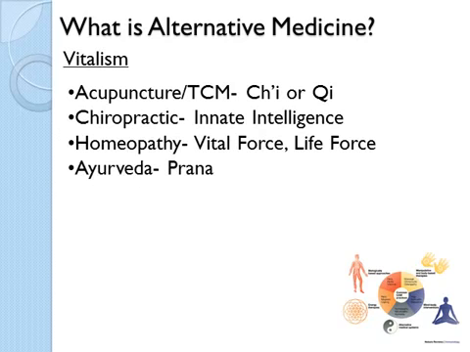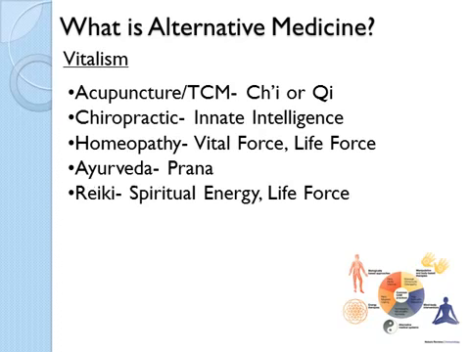Ayurveda, which is the traditional Indian approach and historically closely related to acupuncture and Chinese medicine, refers to the vital force as prana. Reiki, which is a spiritual healing mechanism, talks about spiritual energies, life forces.